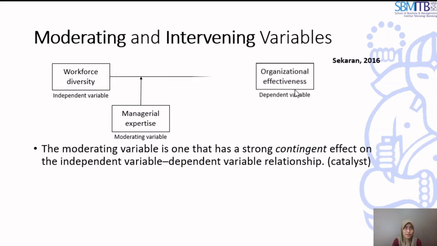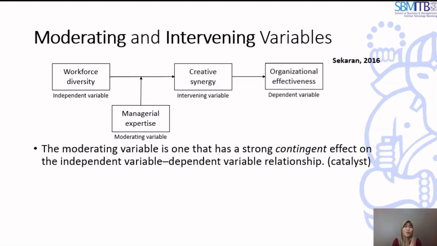Creative synergy needs to emerge in the process. This creative synergy results from the interaction of a multi-ethnic, multiracial, and multinational workforce bringing together their multifaceted expertise in problem solving. The creative synergy helps us to conceptualize and understand how workforce diversity brings about organizational effectiveness.